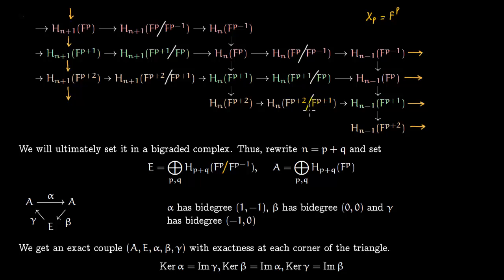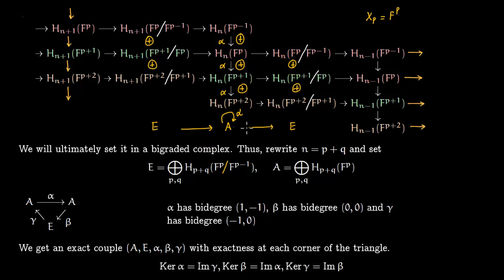Again, you have a bigraded complex. So complex E comes from bigrading all these things. This gives you E. This will give you A. Again, you have a direct sum here, but you also have this map alpha within A. So you have a map from A to A, and then you again go to E, which is a direct sum of these two.